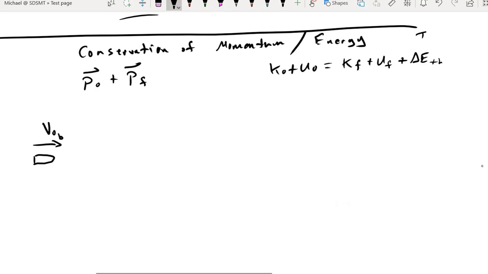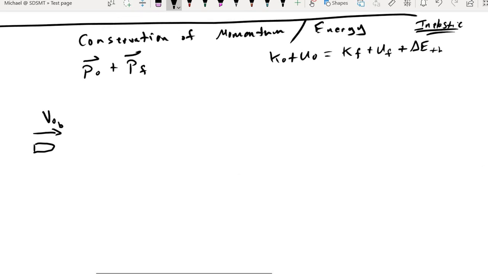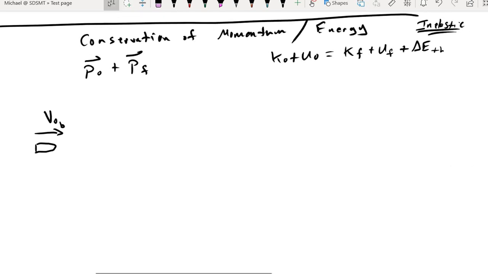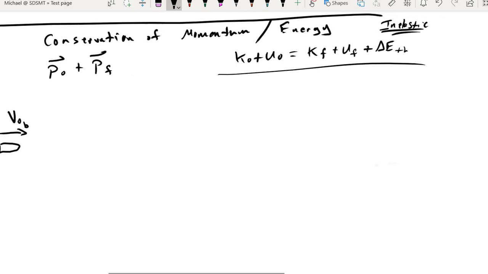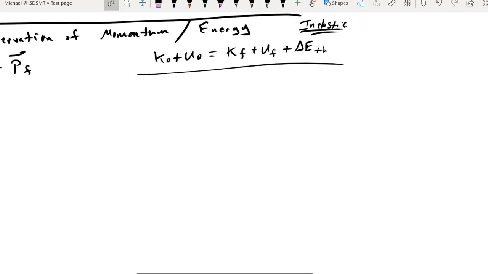In fact, it is most definitely going to be an inelastic collision. And we'll actually be able to prove that as we go through the problem, because we are going to find that the initial and final mechanical energies are in fact not equal to one another.